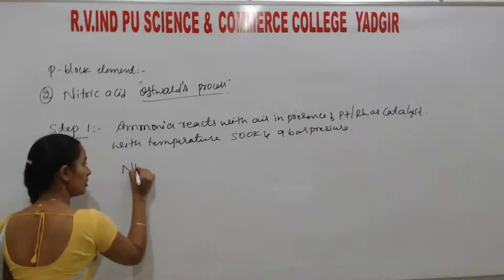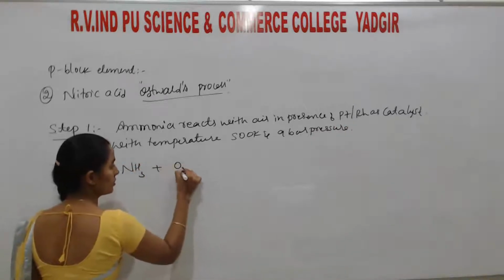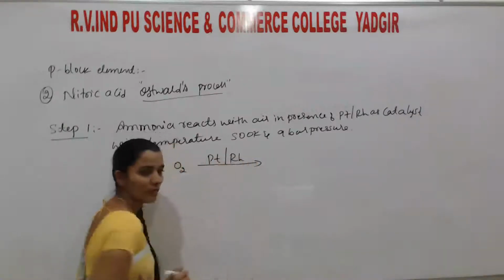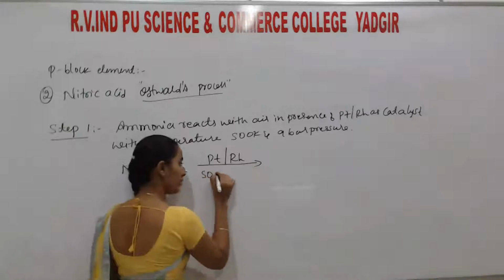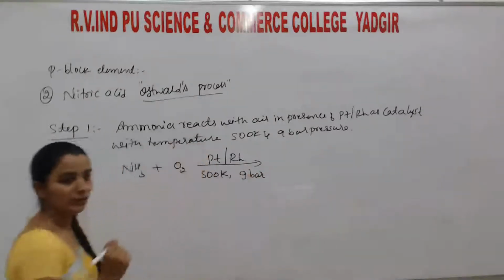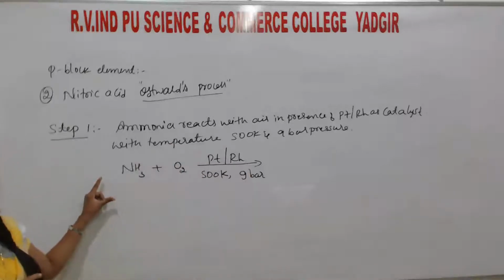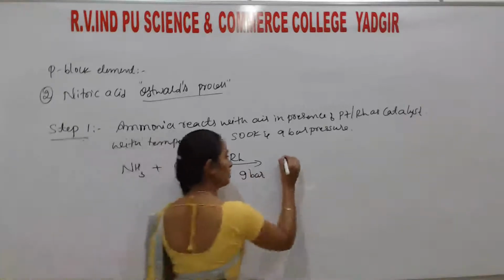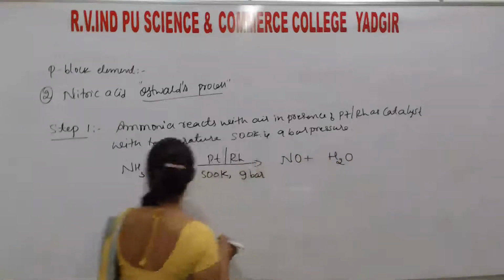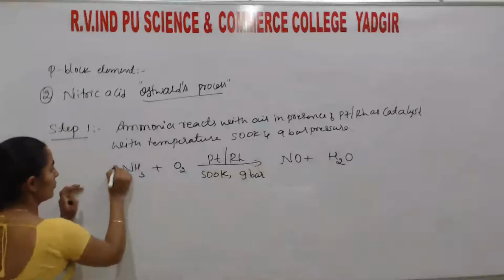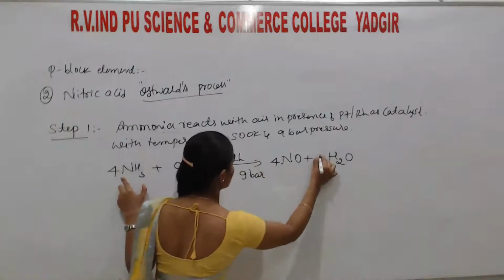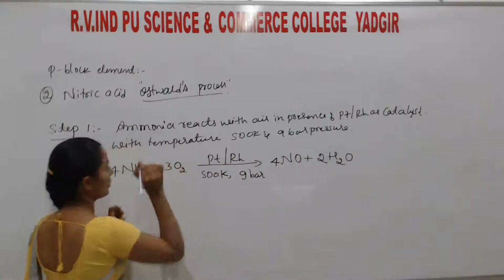Listen, ammonia reacts with oxygen in the presence of platinum or rhodium as a catalyst, at 500 Kelvin temperature and 9 bar pressure. These are the reacting species. What happened here? It formed NO and H2O. We have to balance this. So here you take 4 moles of NO and 6 moles of H2O.